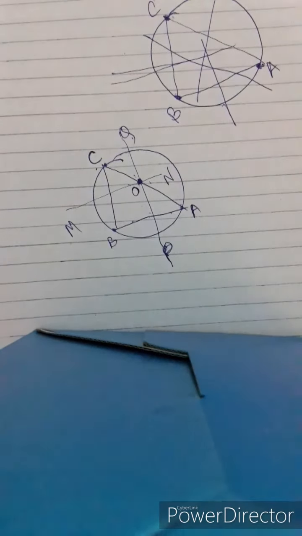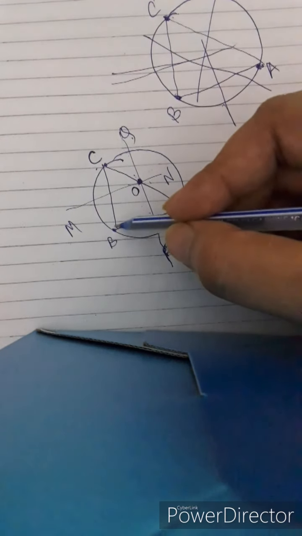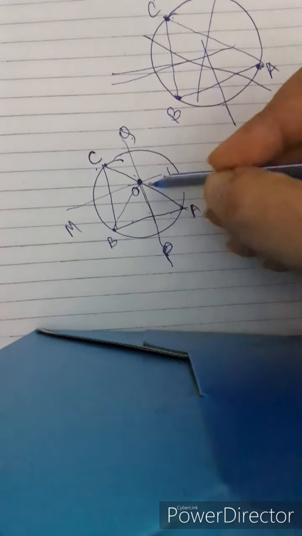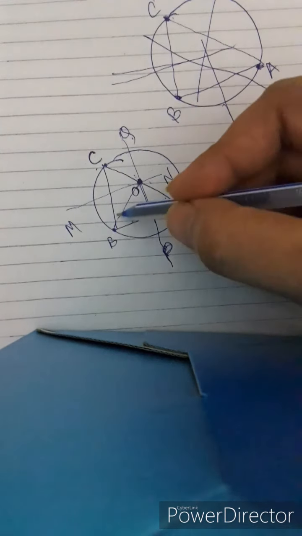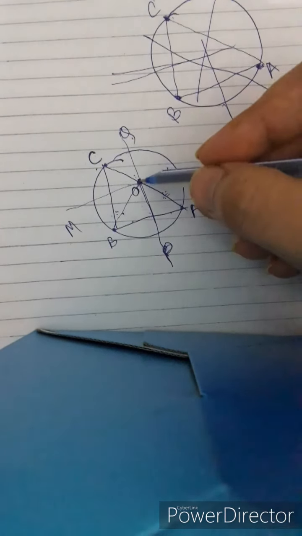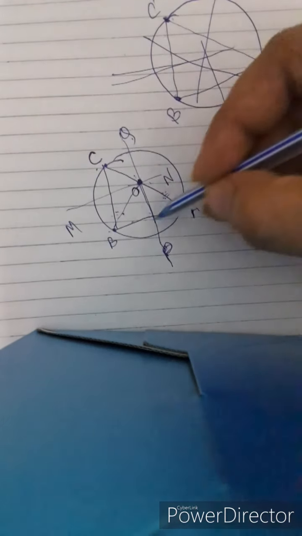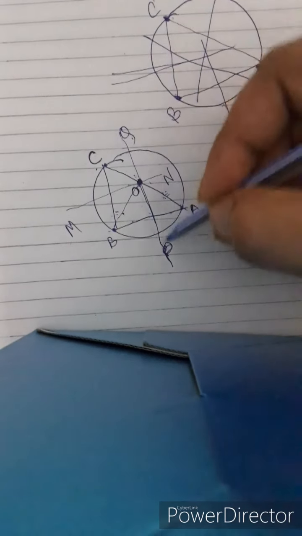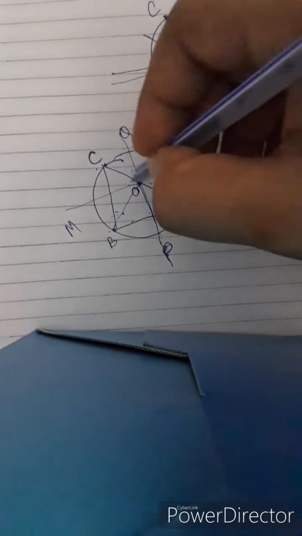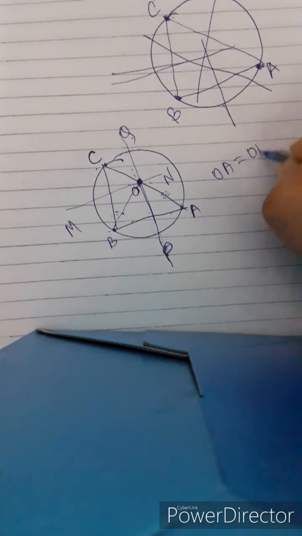So OA and OB become the radii of the circle. Since PQ is the perpendicular bisector of AB and is passing through O, O should be the center of the circle here in this case. So OA equals OB.